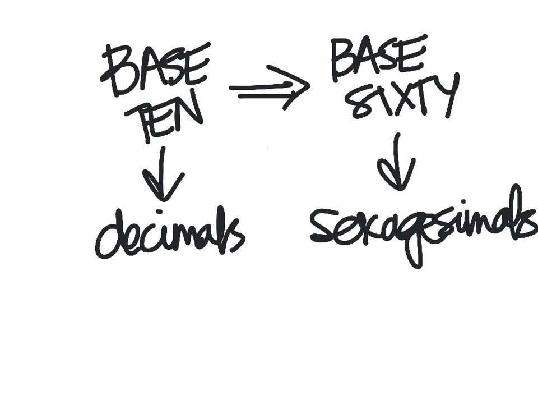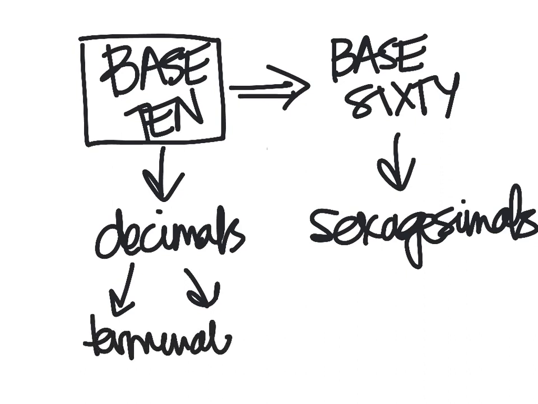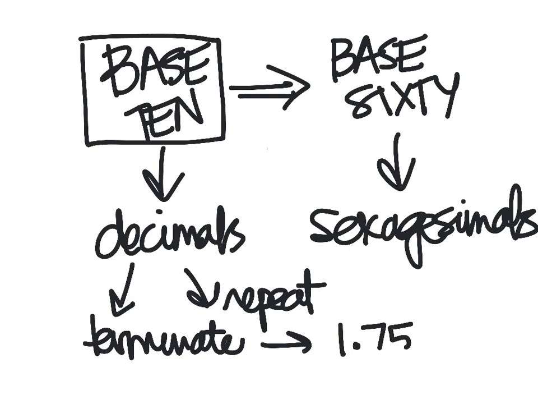Now, when we think about what we know from base 10, when we talk about decimals, there were two types of decimals that we can have: those that terminate and those that repeat. By that, in base 10, we mean a terminating decimal might be something like 1.75.